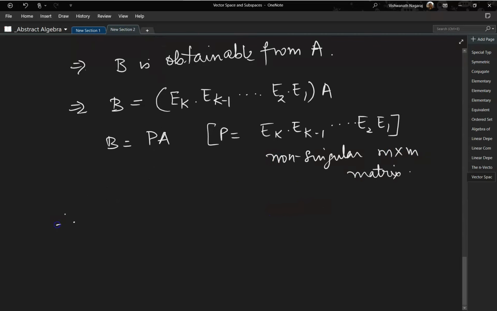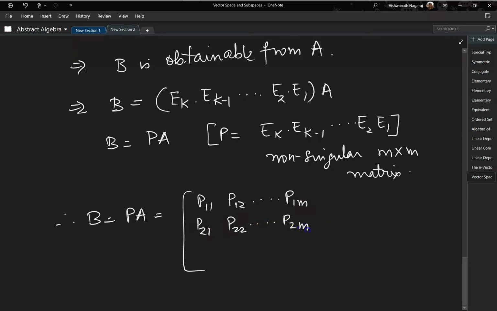Therefore B can be written as the matrix with rows P11, P12 and so on up to P1m; P21, P22 and so on up to P2m; and like this up to Pm1, Pm2 and so on up to Pmm, times A, which would be row 1, row 2 and so on up to row m.